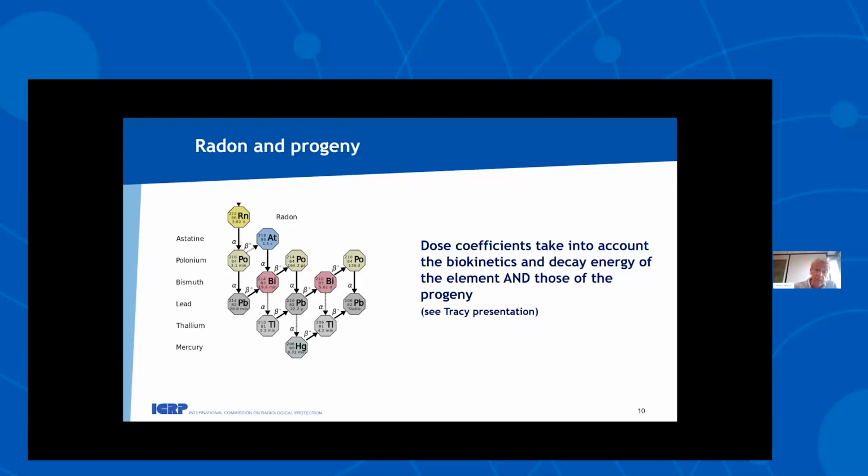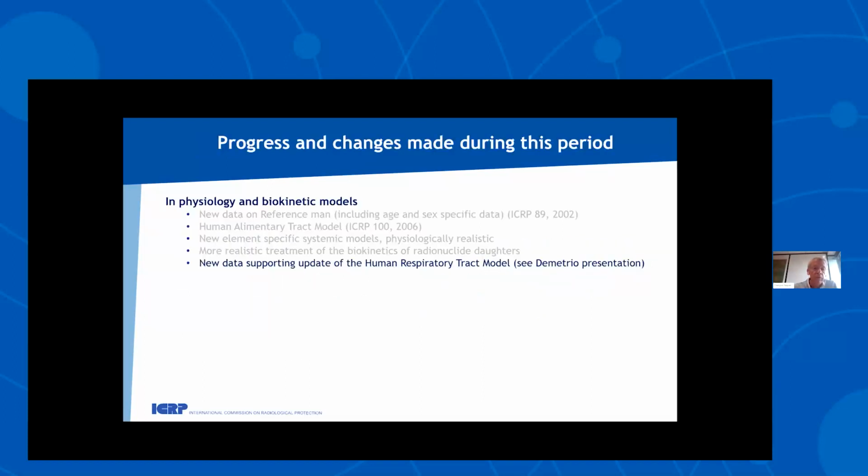As you know, radon is a gas, and it decays into daughter products which are particles, which can have different behavior in the body, and this needs to be taken into account when we provide the dose coefficient for the radon gas. We also have new data supporting an update of the human respiratory tract model. Again, I will not provide detail because Demetrio, who follows just after me, will give all these details.